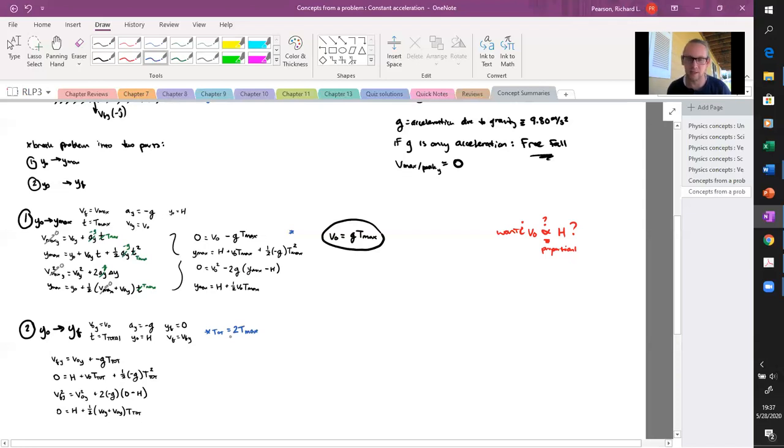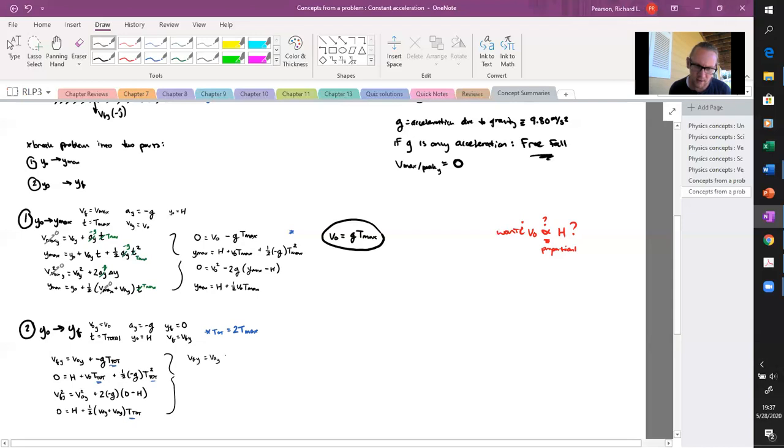Okay, and now this is going to be the key. So what we're now going to do is substitute our t max, or our 2 times t max, into our total times here in each of these places. Okay, so now we get something that looks like this for each of them.